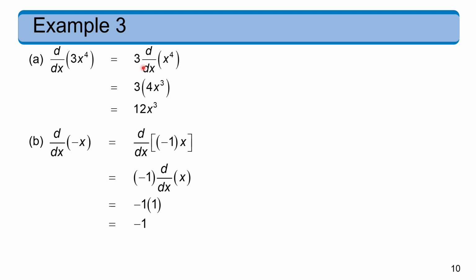So in the next step we just carry along the 3, and then we work on computing this derivative. Well, x to the fourth is a power function, so we can use the power rule to find its derivative. So we bring the 4 down in front, reduce the power by 1, and we get 4x cubed. Now we can multiply the 3 and the 4, we get 12x cubed for our final result.